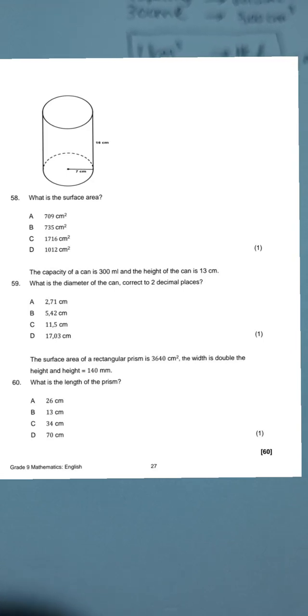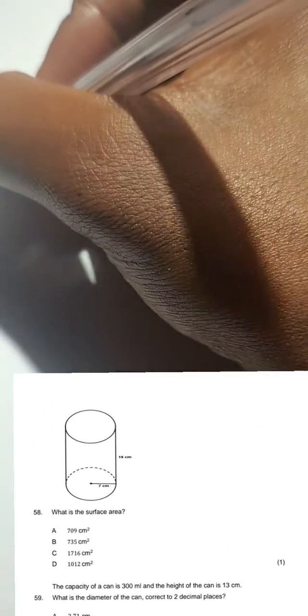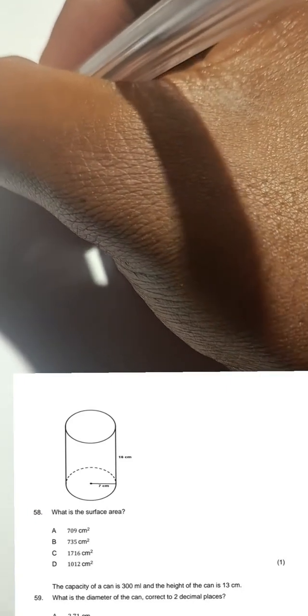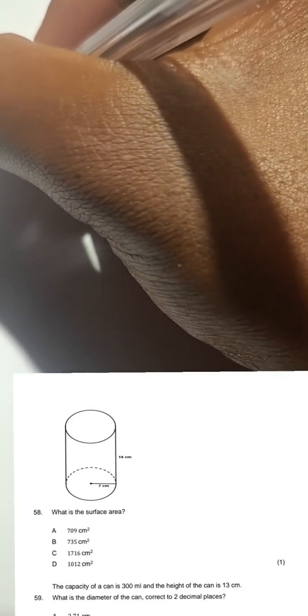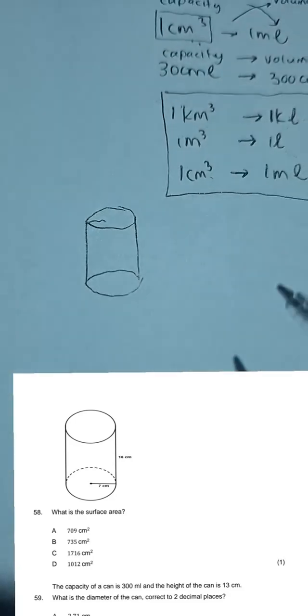Is it A, 2,71 centimeters, B, 5,42 centimeters, C, 11,5 centimeters, or D, 17,03 centimeters? So how we go about this question is, firstly, a can is a typical example of a cylinder.